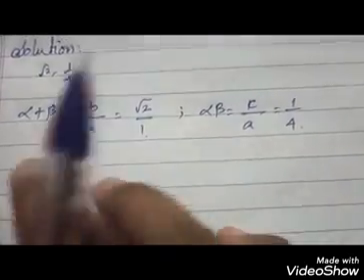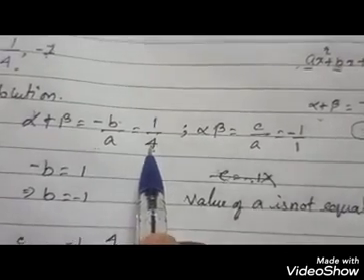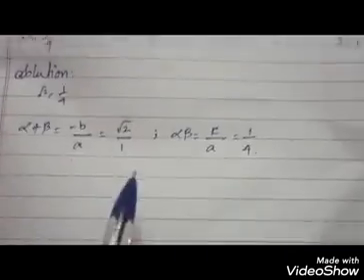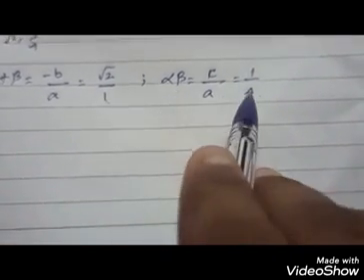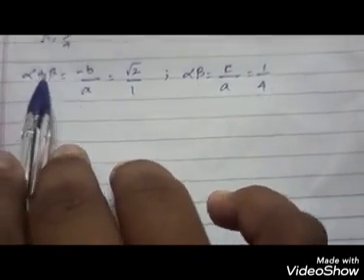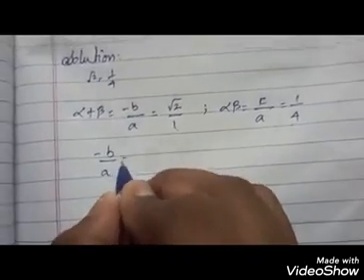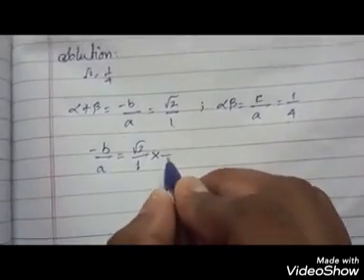In the previous condition, alpha plus beta had 4 as the denominator and alpha beta had 1, so we changed the denominator in the product of zeros. But in this question, the sum of zeros has 1 and the product of zeros has 4. So now you change the sum of zeros so the denominator becomes 4. So now minus b by a is equal to root 2 divided by 1, into 1 can be multiplied with 4, you get 4.